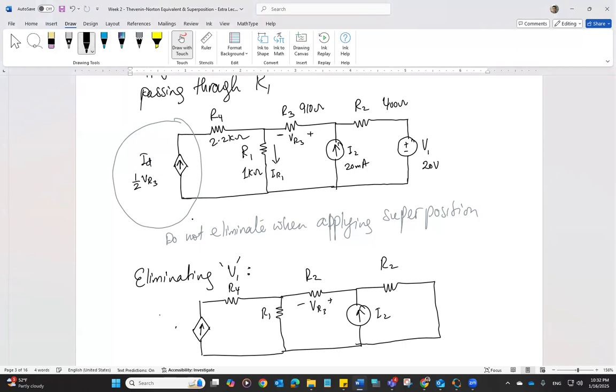So ID is half VR3. So this is our circuit. And our goal is to find what is the current passing through R1 due to I2.